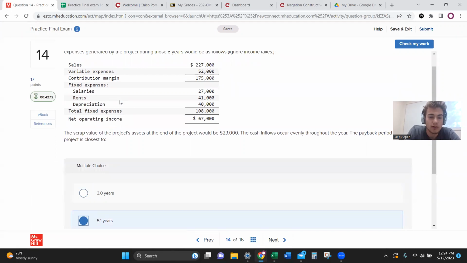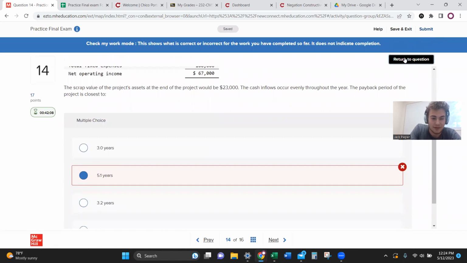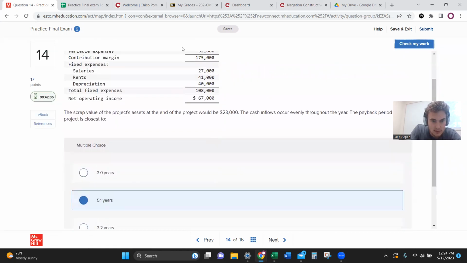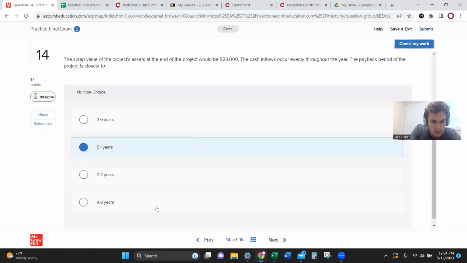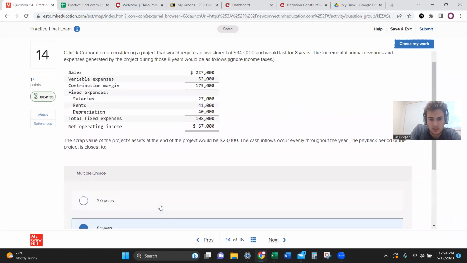And that's 0.1. So, not that one. Let me figure this out again.